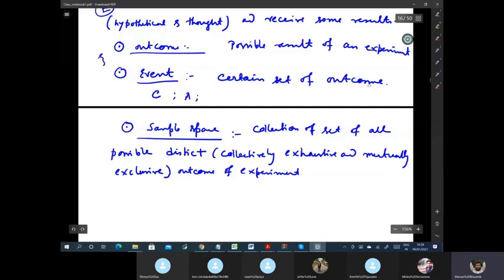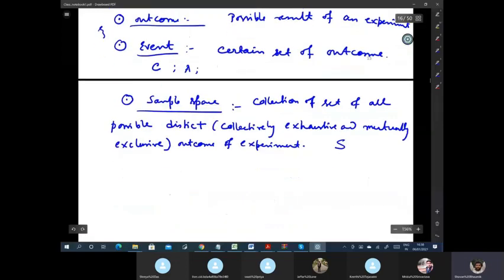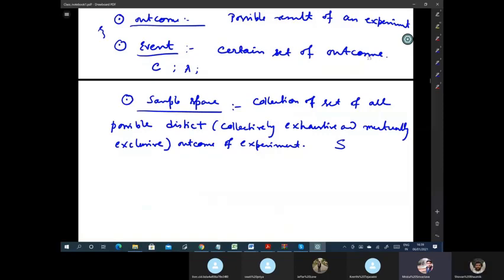These are a few quick definitions. Now can anybody explain what you mean by collectively exhaustive and mutually exclusive? Mridul? Yes, at a specific time only one outcome can be possible.